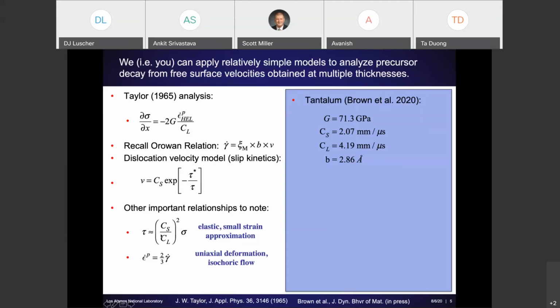We can approximate that by the ratio of the shear wave speed to the longitudinal wave speed squared. That's the coefficient relating the axial stress, which includes pressure, of course, to the shearing stress that's driving the dislocation motion. The other relationship we need is that the plastic strain rate is just 2/3 of the shearing slip rate for this particular problem.